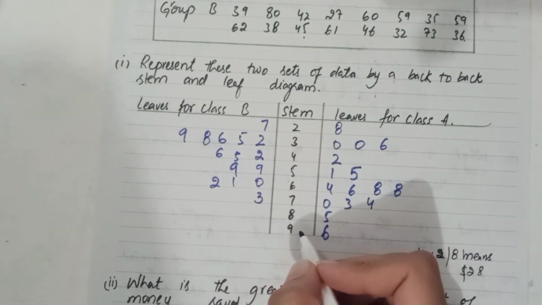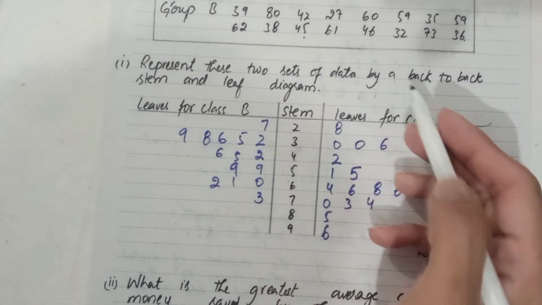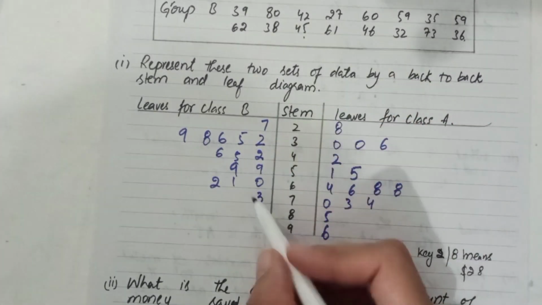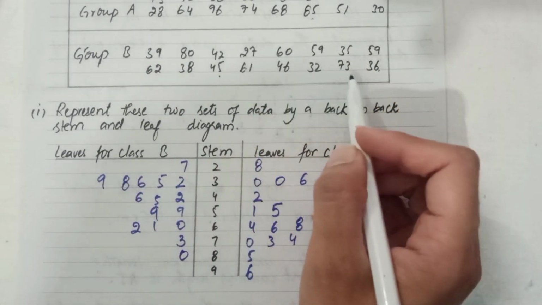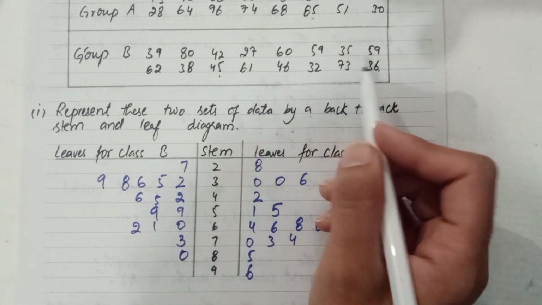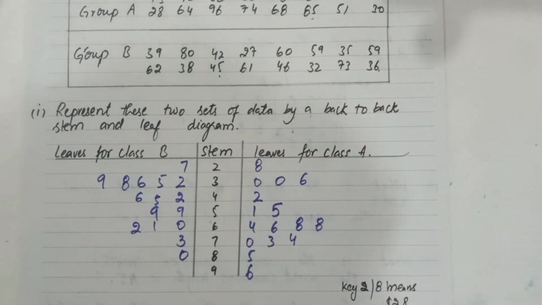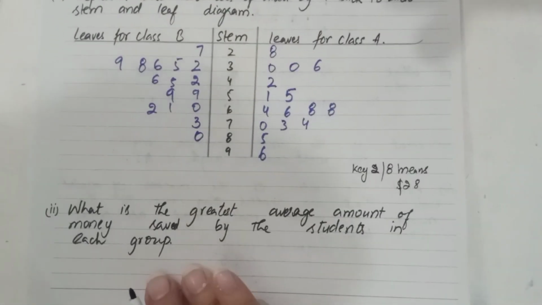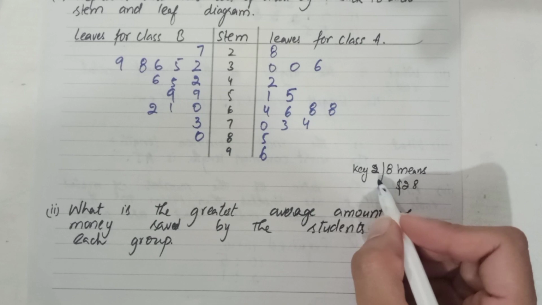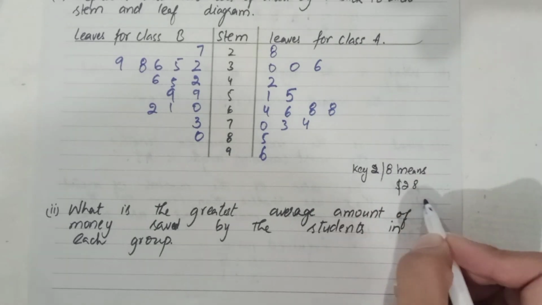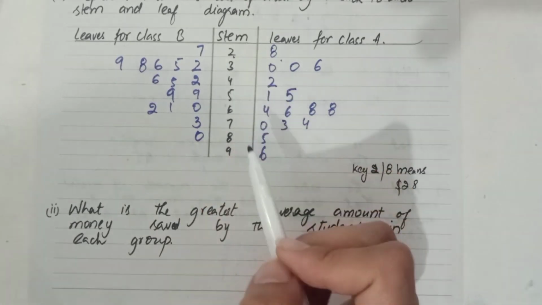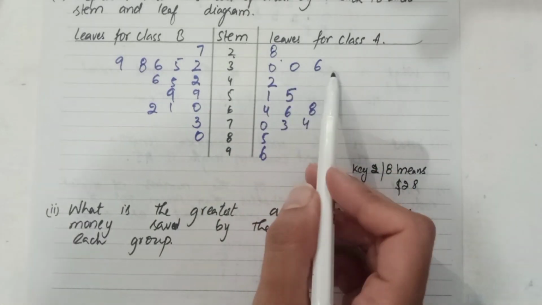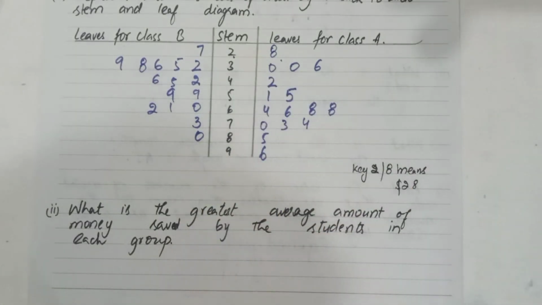With 8, there is only one value, and with 9 I observe there is no value. I also make the key: 2|8 means 28, 2|7 means 27, and 3|0 means 30, which is $30.